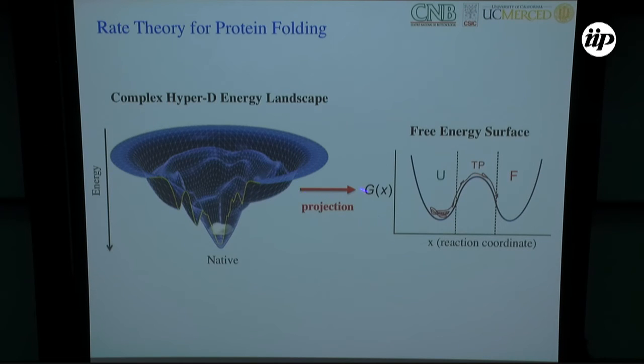Here the idea, obviously, the projection would be one reaction coordinate, a single order parameter that behaves like a reaction coordinate, ideally. And whether this is possible with one is still debated. And for some cases it may work, for others it may not. But just from the point of view of the principle, this is the simplest thing that you can do, just from a rate theory point of view, right? So in this case, you will have a free energy surface, which is the projection of all this landscape, right? This free energy surface will have, if you have a two-state system, two minima, the unfolded and the folded, and it will have a free energy barrier in between. Okay.